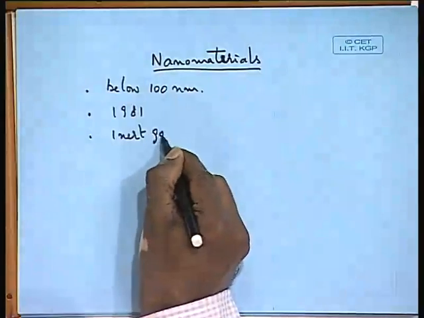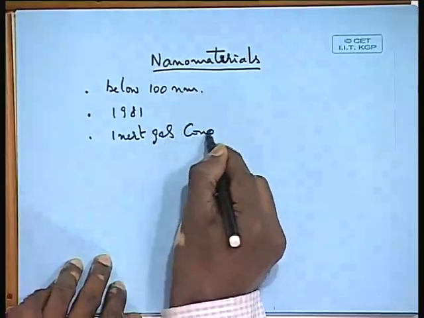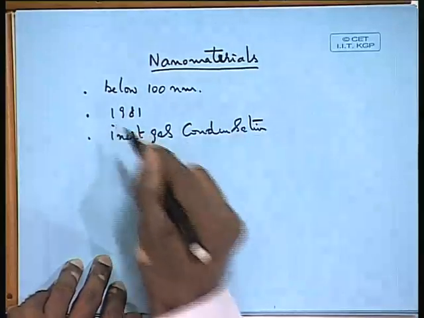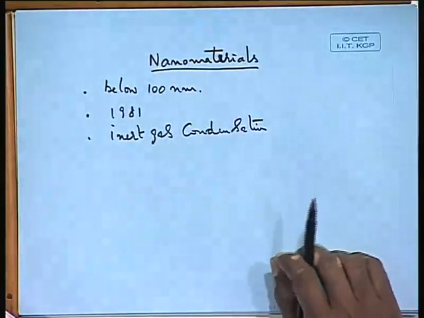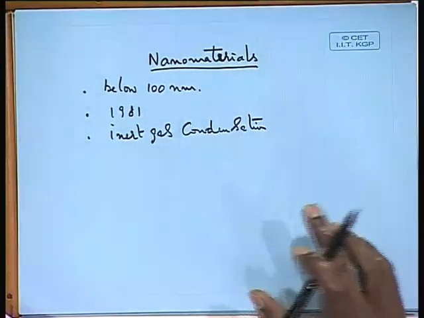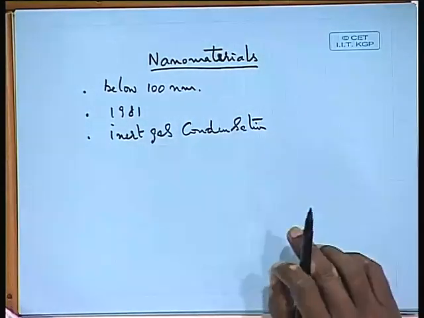The initial work was on pure metals by a technique called inert gas condensation. We will know more about it as we go through the various techniques available for production of nanomaterials. Inert gas condensation, as the name suggests, is a gas condensation technique.